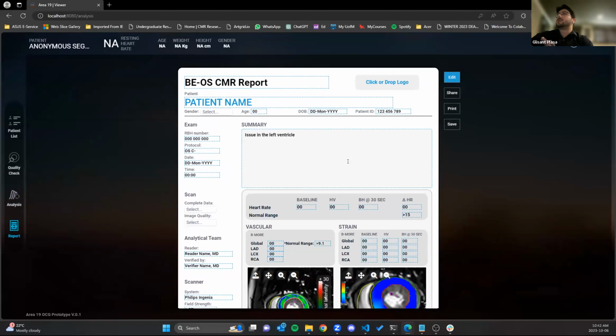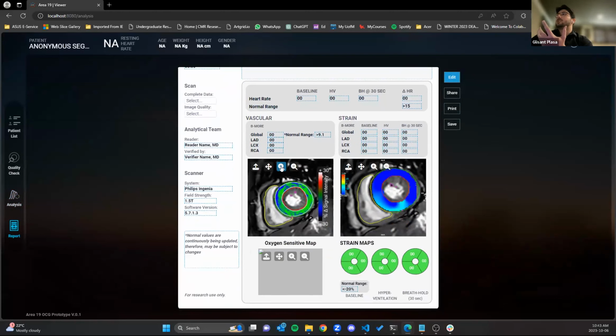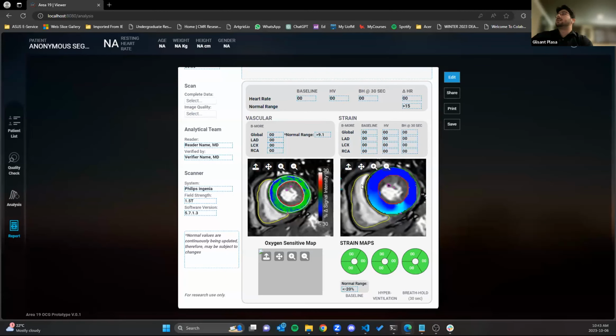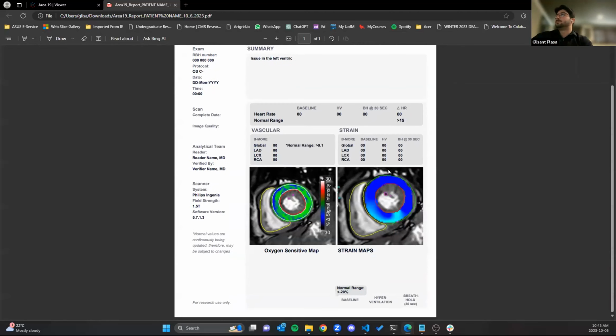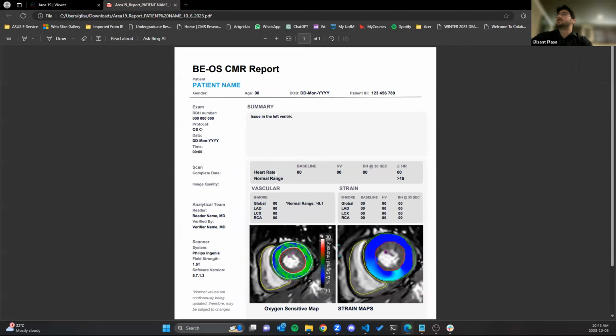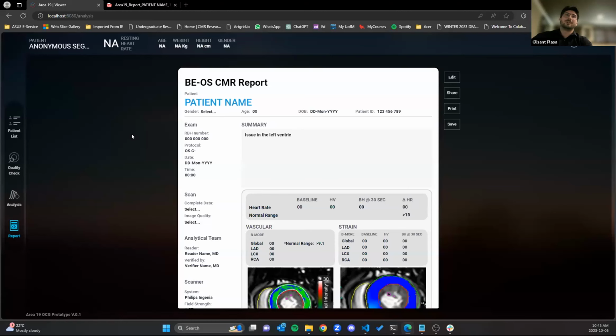And so what the user can do at this stage is edit any information that they want, write notes, change the images that also will be automatically populated from the study, and with the click of a button, be able to download a PDF into their computer that they can further print, save, or send to wherever they want. So that's really a very brief overview of what we're working on, but we're extremely excited to finalize this.